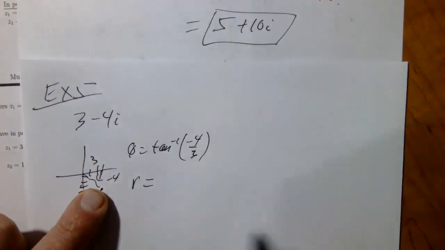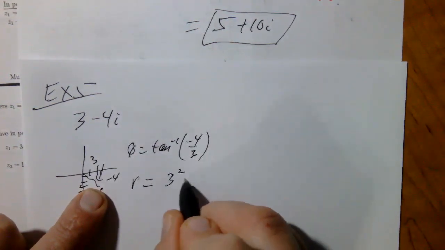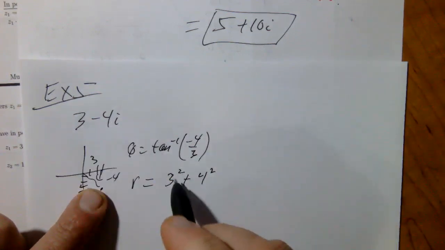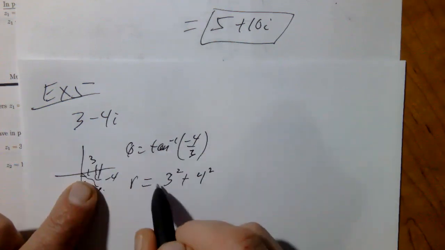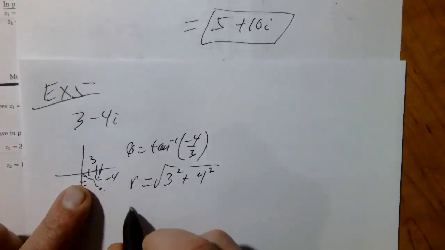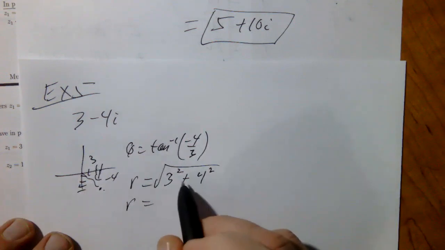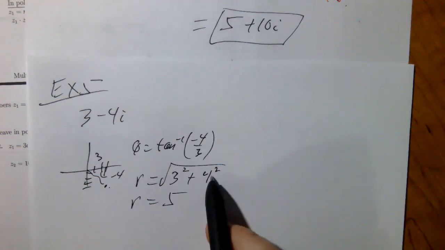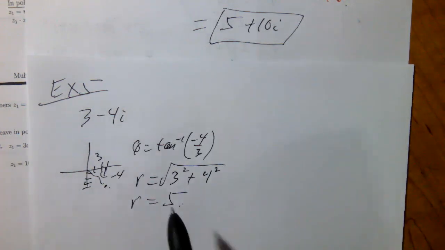And then your r would be 3 squared plus 4 squared. When you square the negative, it turns positive anyway. If you rotate down, you're already facing the right way, so you can just use the positive version. Hopefully 3, 4, 5, that's right. But you could go through 9 plus 16 is 25, square root of 25 is 5. So you could use that.